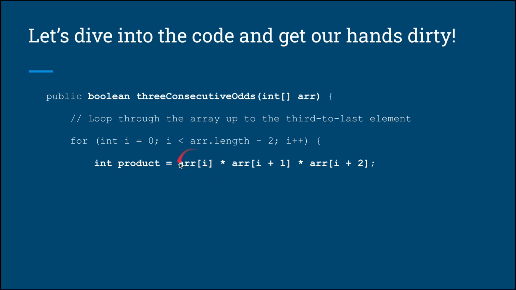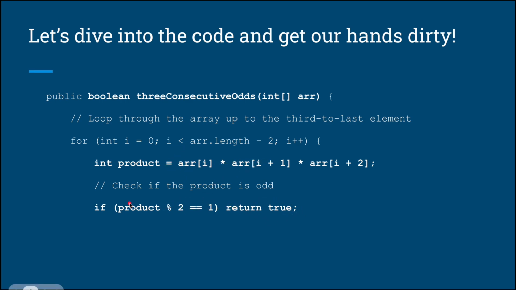If we take the product of array at i, i plus 1 and i plus 2, meaning we multiply the three, then we get the product. If this product is odd, that is, product modulo 2 equals 1, we return true. Because these three are odd, the product will also be odd; the product of odd numbers is also odd. Finally, we return false if this is not the case.